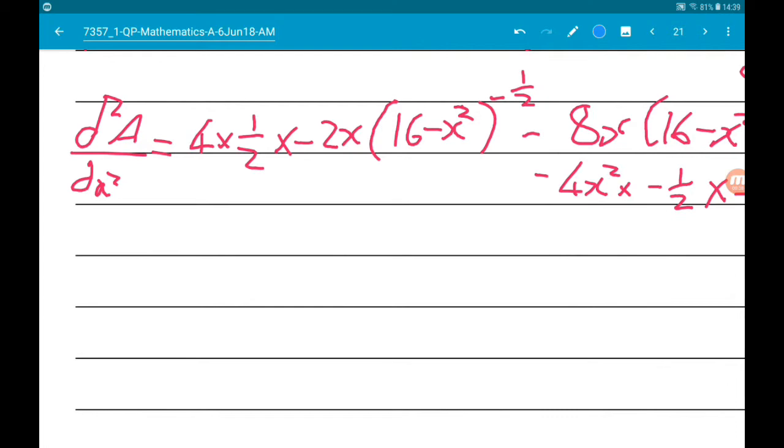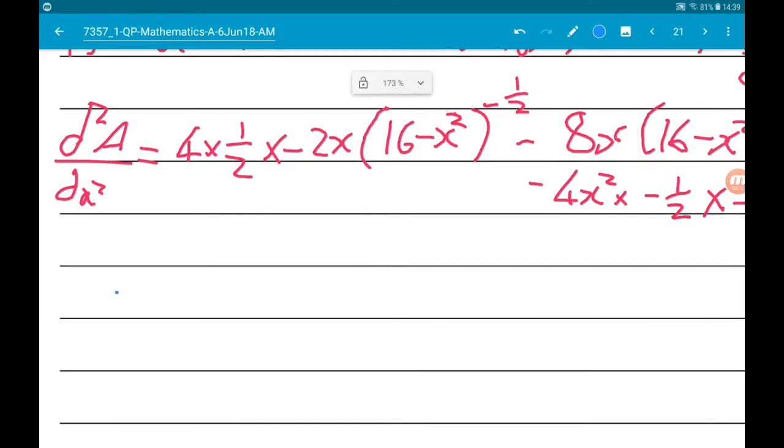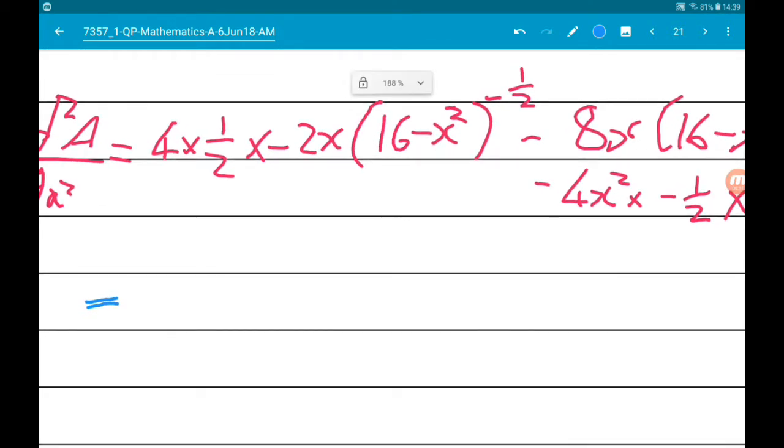So, our second derivative is going to become, so 4 times a half is 2 times minus 2x. It's going to give us minus 4x times 16 minus x squared to the minus a half.